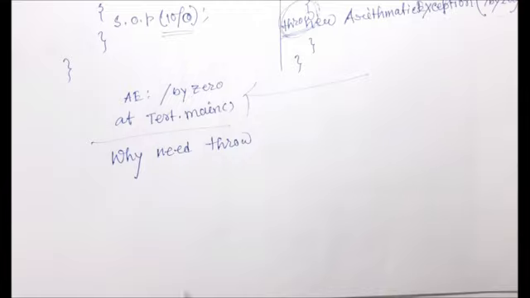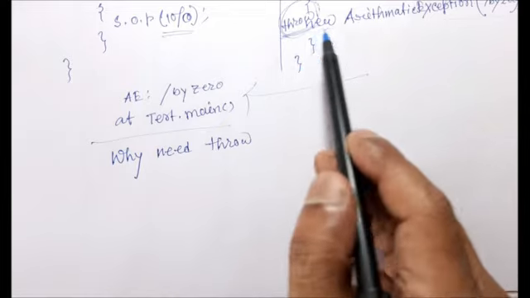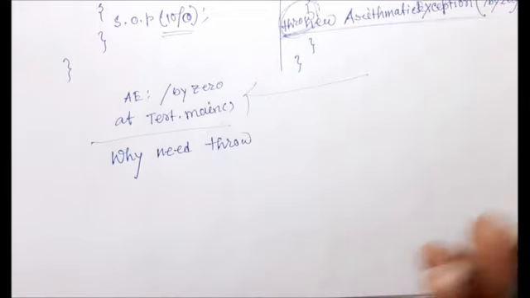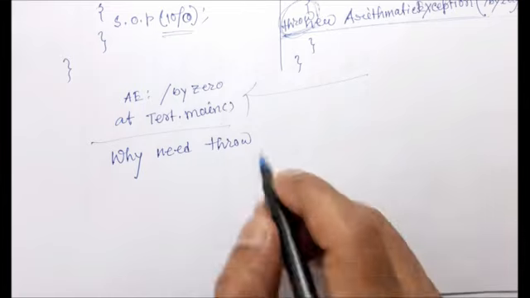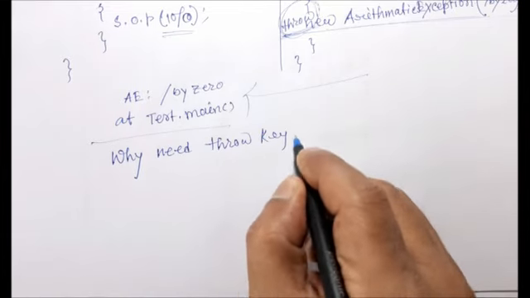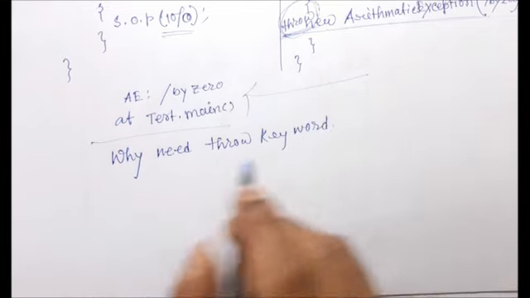So why should I go for explicitly creating our own exception? That is the question.